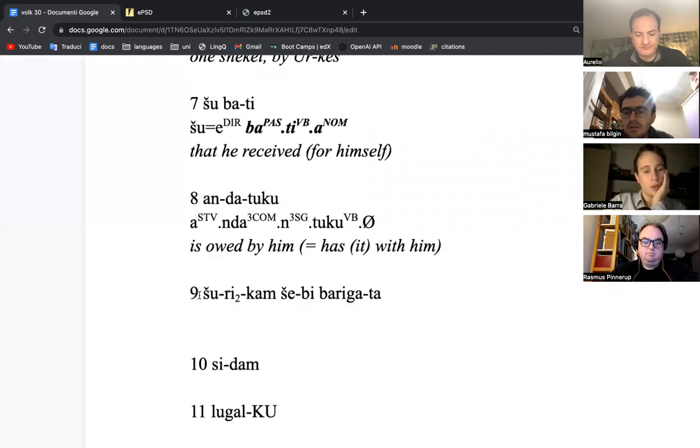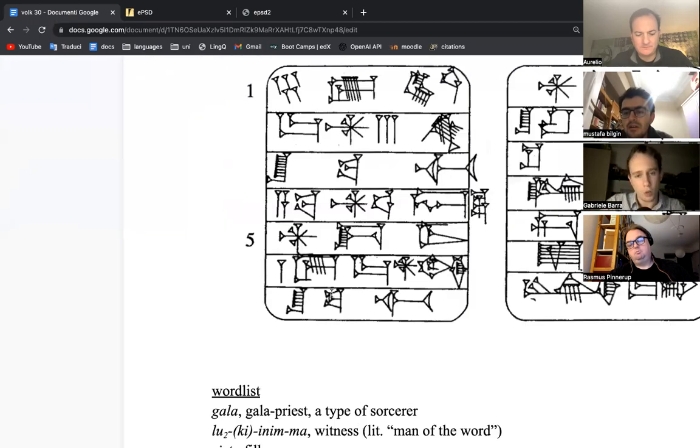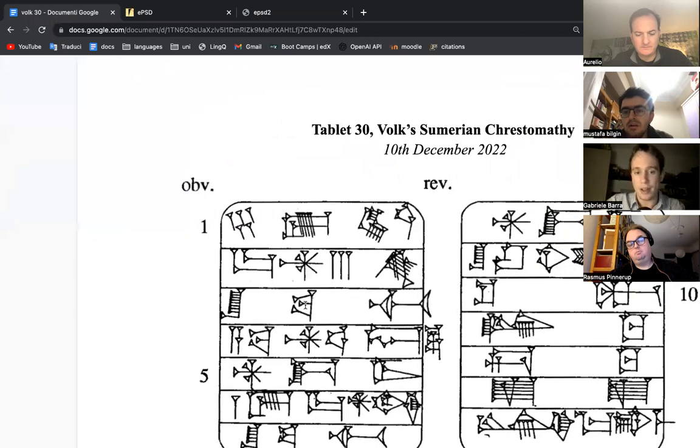And then we have shuri kam, shebi. And then we run into a problem. I didn't quite have the time to formulate it, but I think this is the most interesting thing we have in this tablet. Let's just translate the rest for now. We'll do bariga at the end.